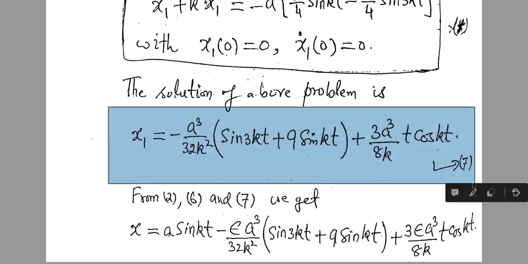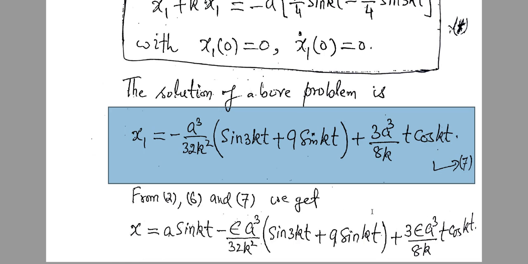X1 takes the value minus a cube over 32 k square times sine 3 kt plus 9 sine kt, plus 3 a cube over 8 k t cos kt. Now we restrict ourselves to the two terms approximation, that is x naught plus epsilon x1.